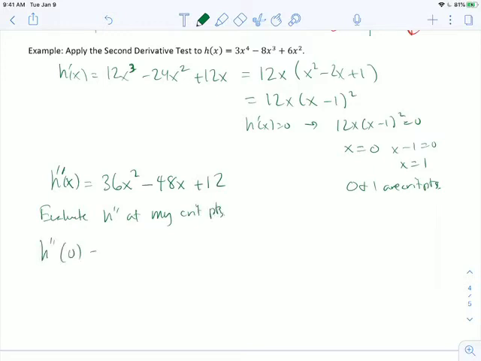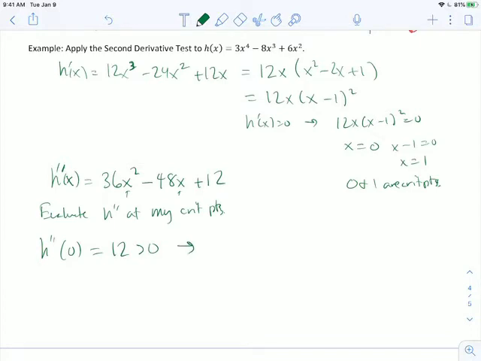H double prime of 0 is going to be equal to 12 when I put 0 in for x here and here. That's positive, and so that tells me that h of 0 equals 0 is a local minimum. So when the second derivative is positive, I have a local minimum.